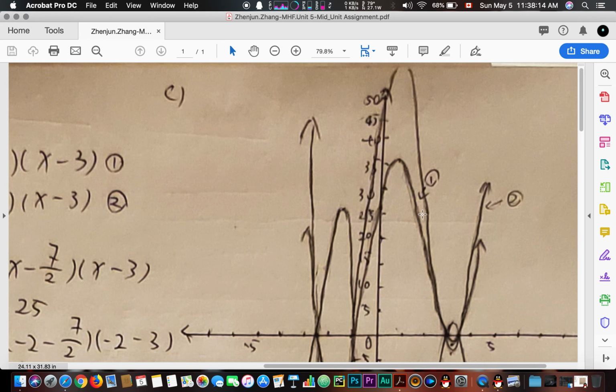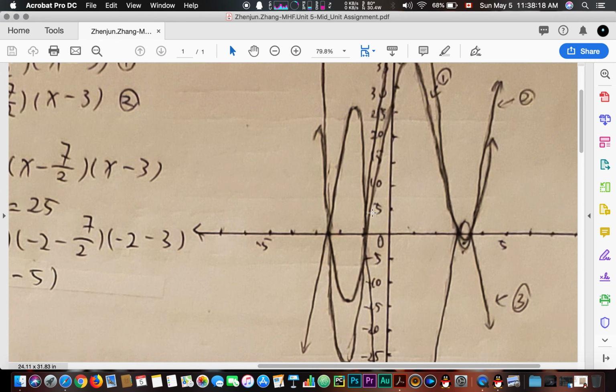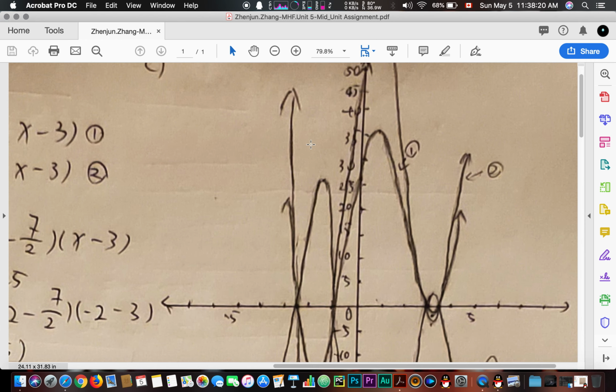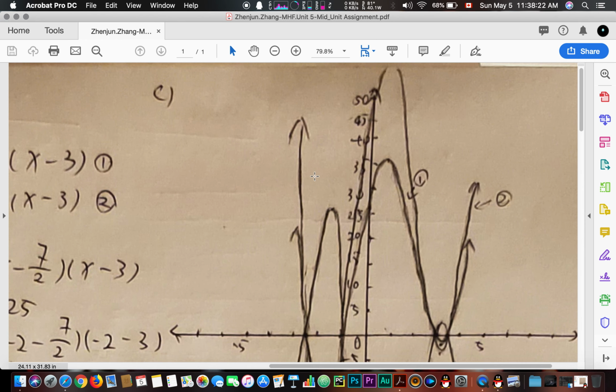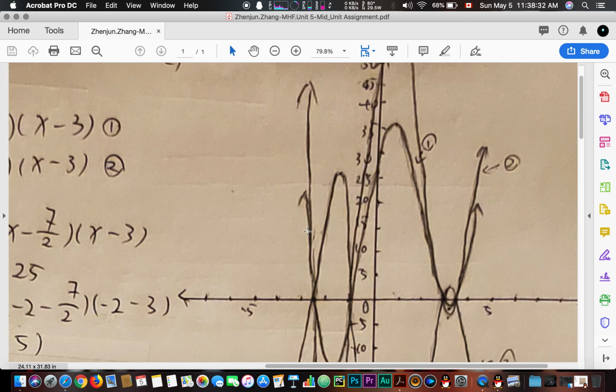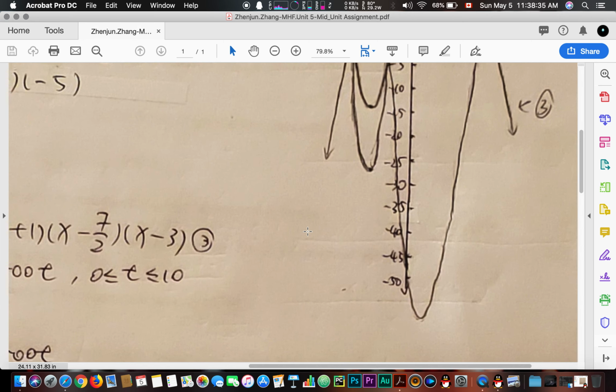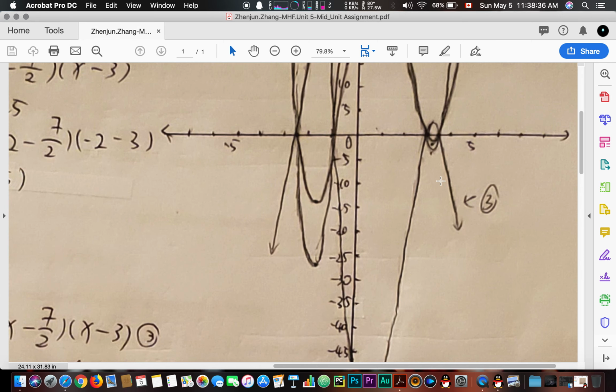We go over here, and end up here, goes down there, and it goes up here. So you kind of stretch that in the y-direction. You stretch that twice as much. And then we have our third function, which is down here.